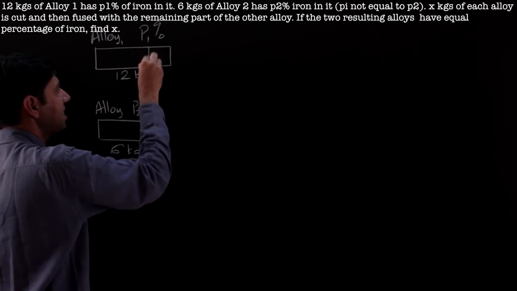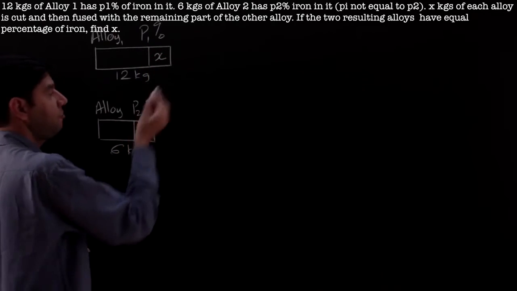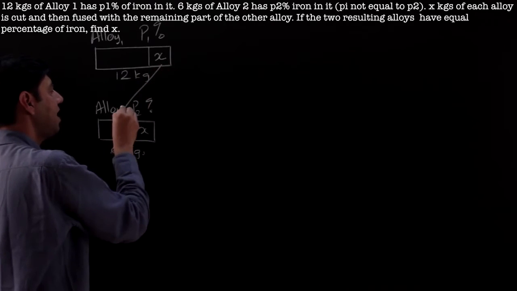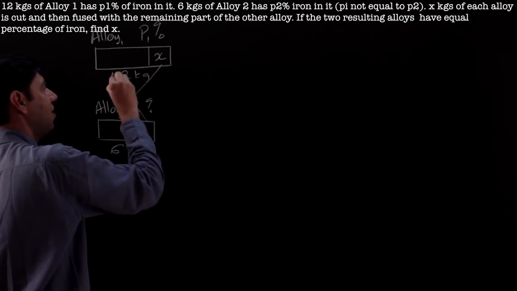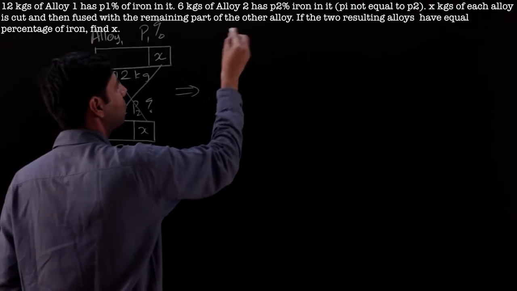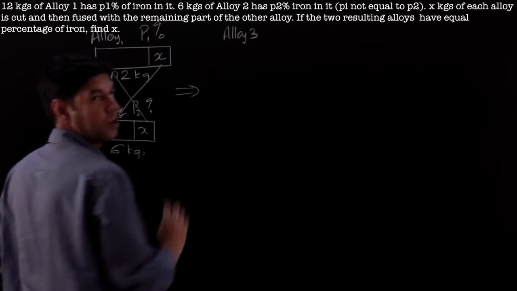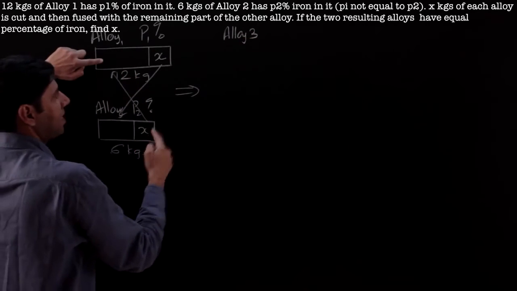Now I am taking X kgs from here and X kgs from here, fusing it with the remaining part of the other alloy. This is how I would be resulting into, let's say, alloy 3. So let's take this part as alloy 3.